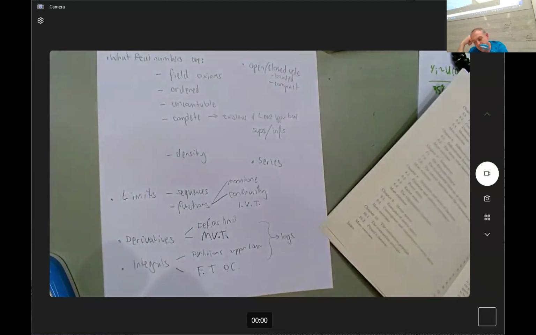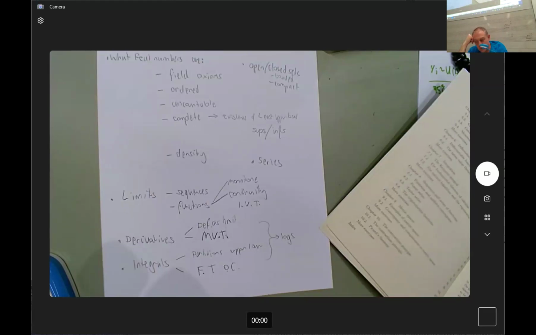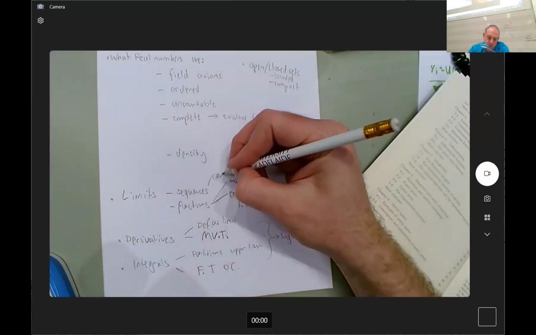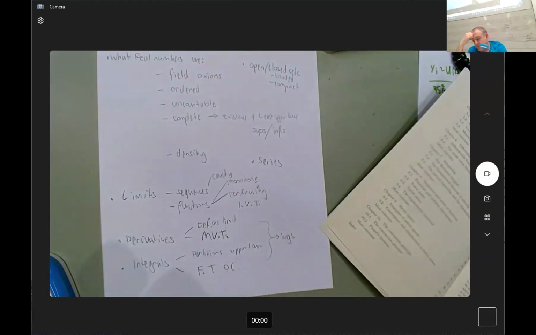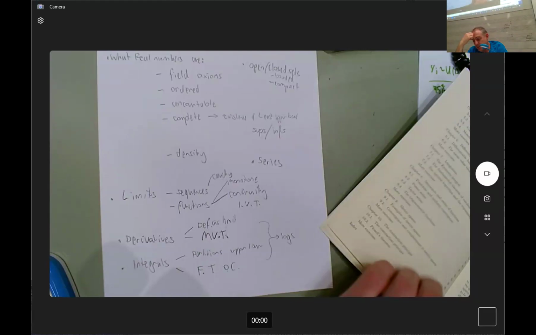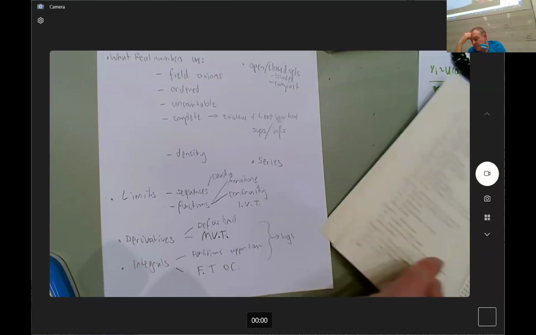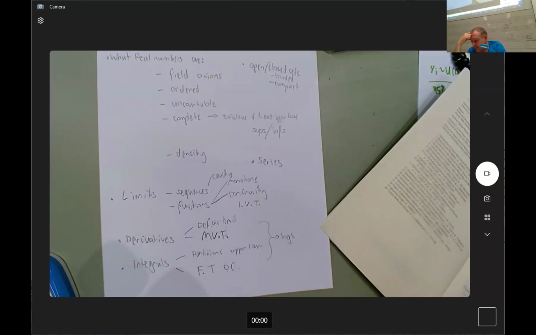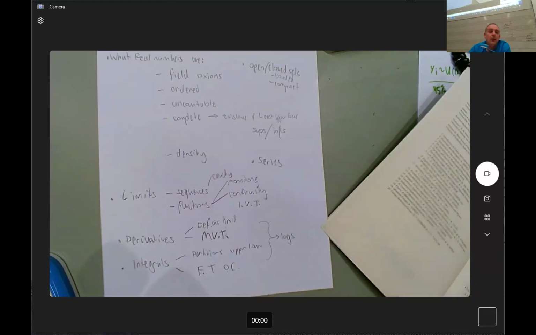Okay, and sequences would have had Cauchy-ness in there somewhere, yeah? Yeah. Okay.